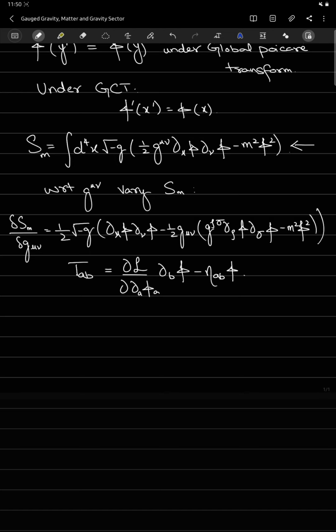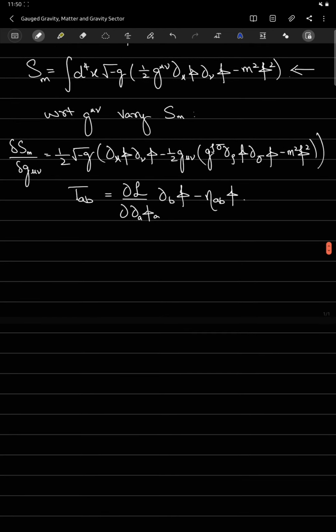Now I can promote the Lorentz indices to world indices. If you recall from previous discussion, the Lorentz indices are the ones we have with A, B, C, and the world indices are mu, nu, and so on. So this is one of the things I'll do for this energy momentum tensor.